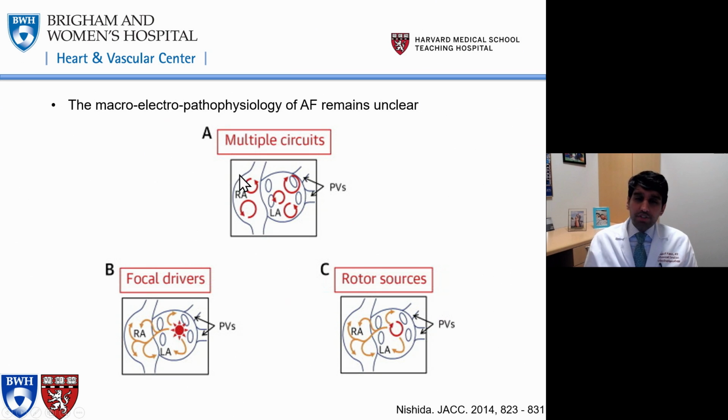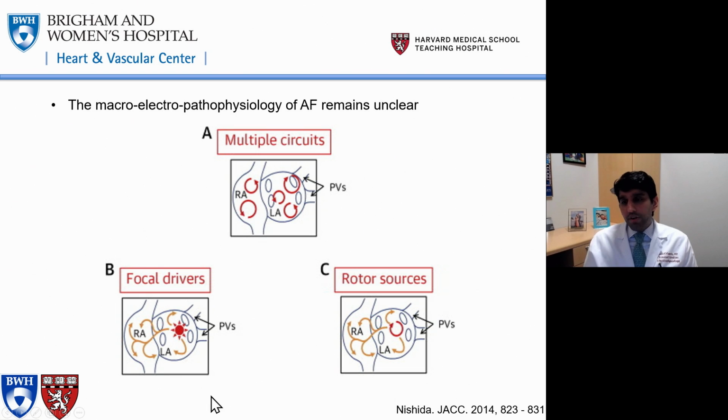If there's one big circuit throughout the heart, we call that atrial flutter, and we'll talk about that more later. But if there's multiple small circuits, these could apparently collide or cancel each other out and give the appearance of atrial fibrillation. And this is probably true for some patients. Another very common mechanism of atrial fibrillation that we think is important for some patients is what we would call a focal driver.